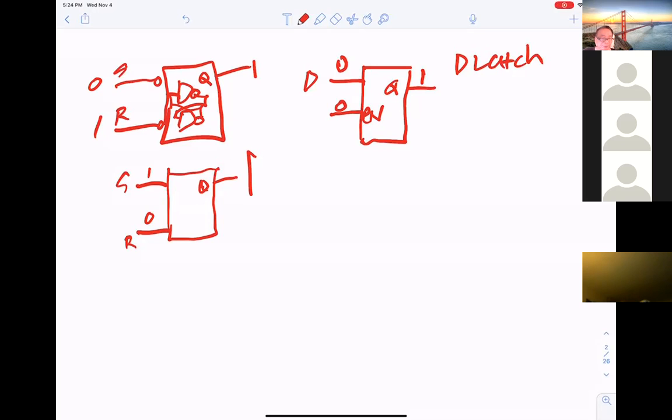What does Q give? Again, Q at the beginning equal 1, and now D equal 0, enable equal 0. What does Q give?